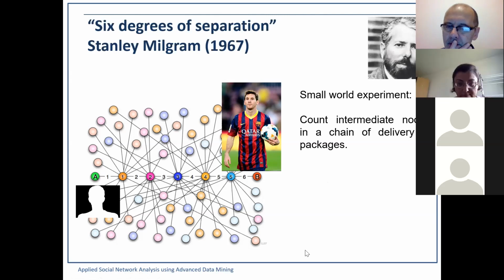I think Christian remembers something, but Milgram's objective was to find out if a letter sent to a complete stranger can arrive at the destination without knowing anyone, and how many steps it will require.